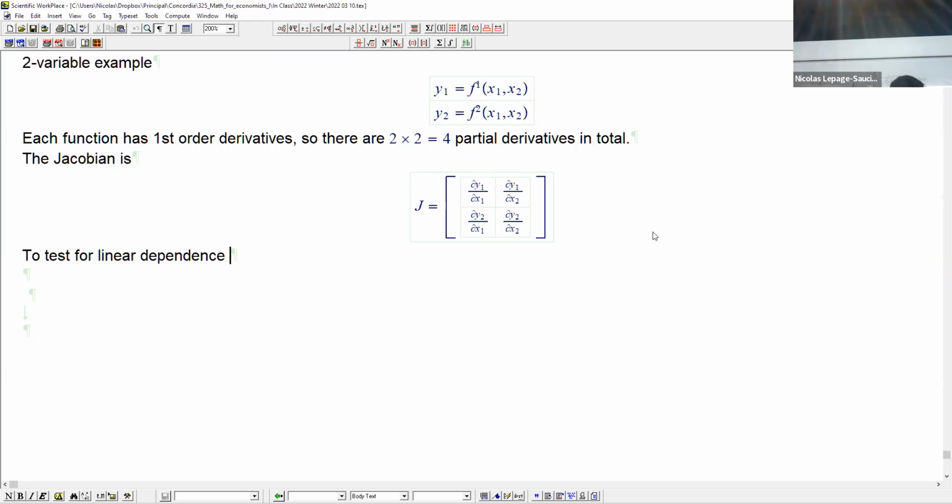It might not be exactly equal, but if both point in the same direction, then you know that you probably found the maximum. If you are here, for instance, then the gradient of the function points this way, and the gradient of the budget constraint points this way. So if you're not at the optimum, but if they point in the same direction, then these two are going to be tangent.